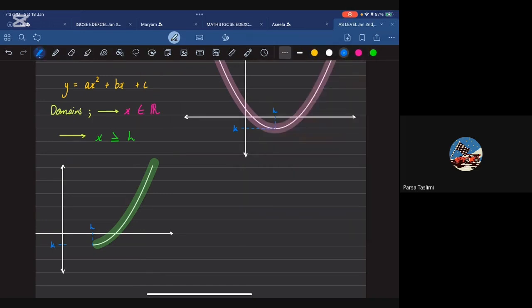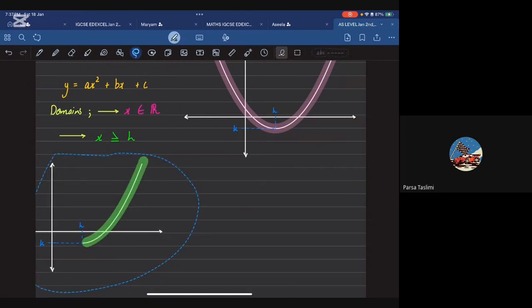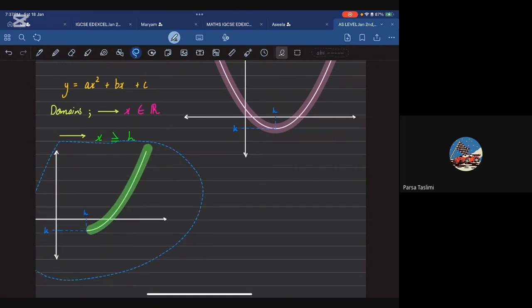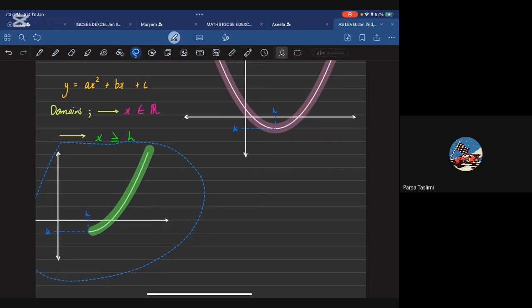Yes, Parsa. Hasn't the graph all of a sudden become one to one? Yeah, it has, right? So this is how your domain can influence your graph.